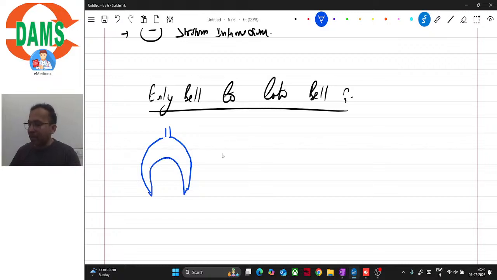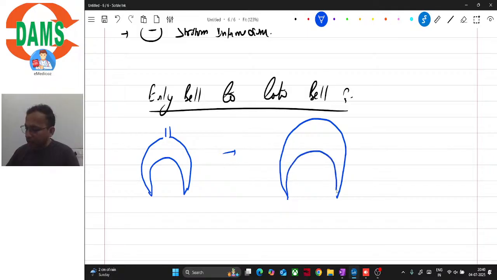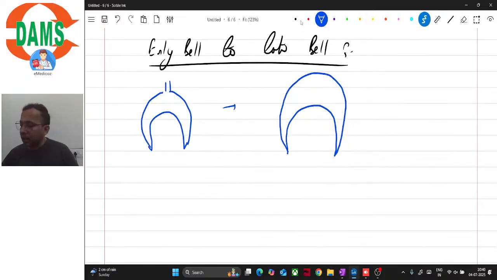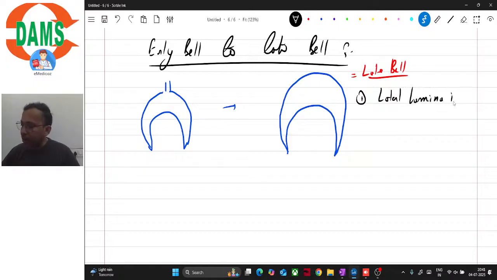But when it transitions into the late bell stage, the lateral lamina is lost. Right? As you can see here, in the late bell, the lateral lamina is lost.